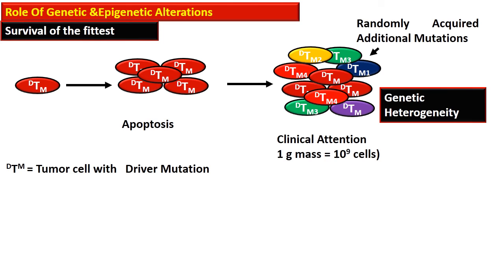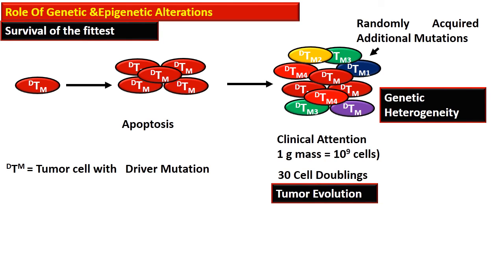and the tumor cells must number about 1 billion to get clinical attention, and 1 billion cells means about 1 gram of mass, and 1 billion cells are formed after 30 cell doublings.